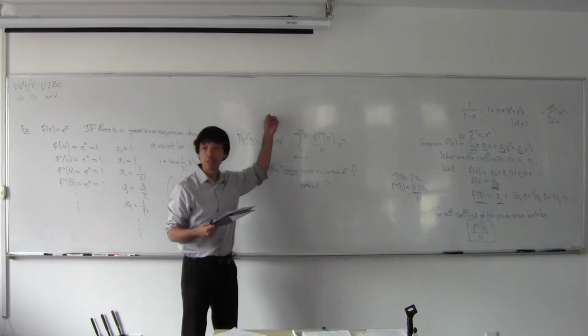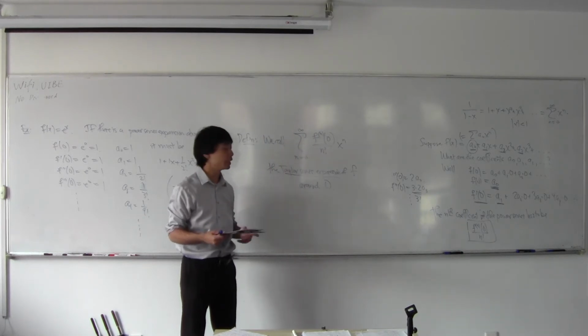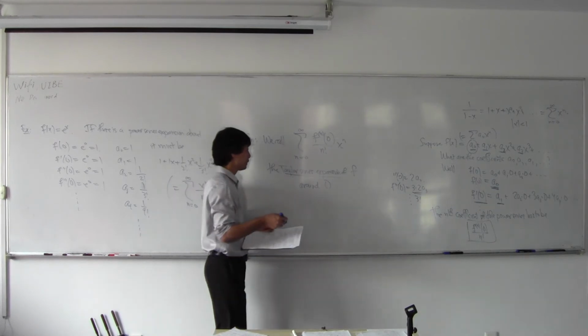So you start with your function, you create this power series, and you call that thing the Taylor series expansion of f around 0.